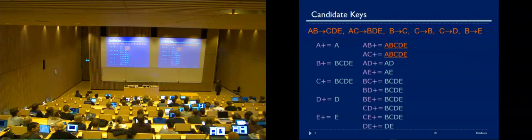And the closure of D with E is just this pair itself. Okay, so we have discovered 2 candidate keys already, and we have also determined that there is no other set of 2 attributes that's a candidate key. That's what we know at the moment.